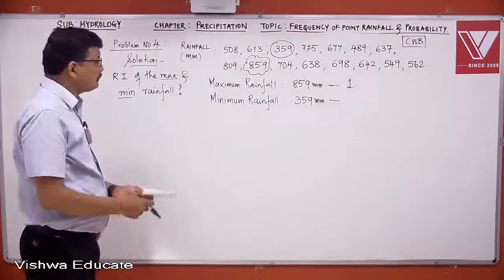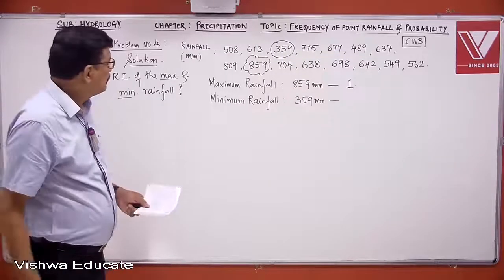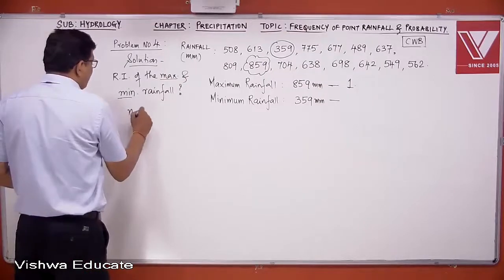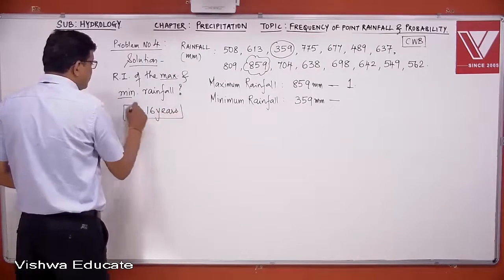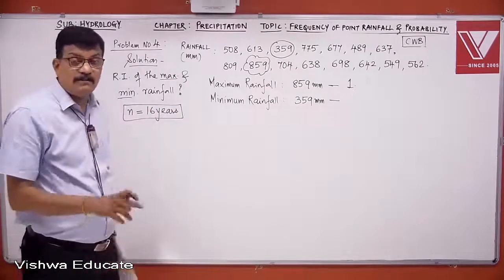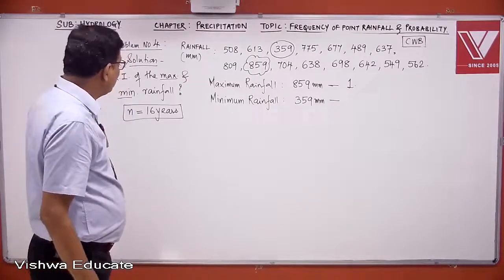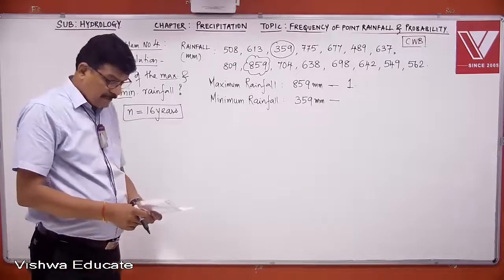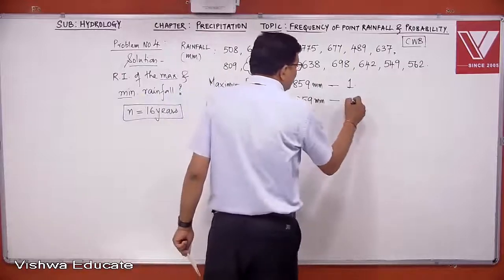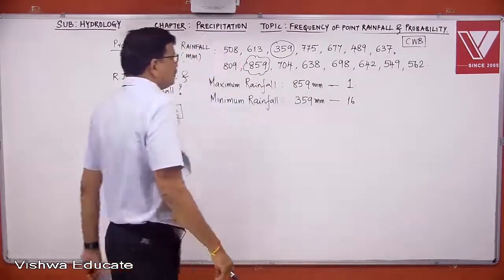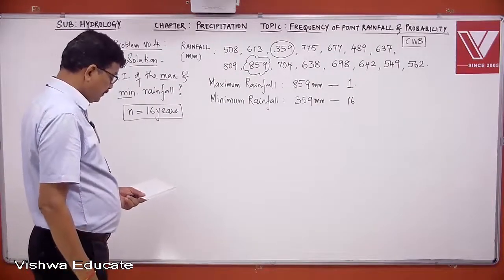So the number of years of record here is 16 years. Not the values, it's the number of years of record, that is given as 16. So this rank of the storm will be 16. I guess I have mentioned all the values.